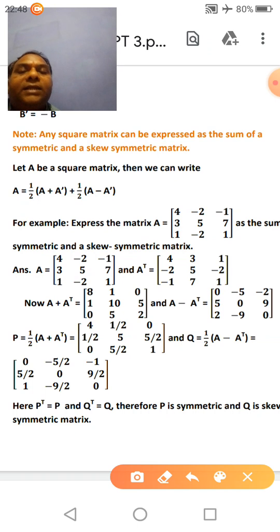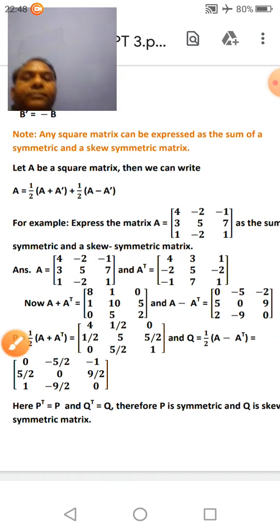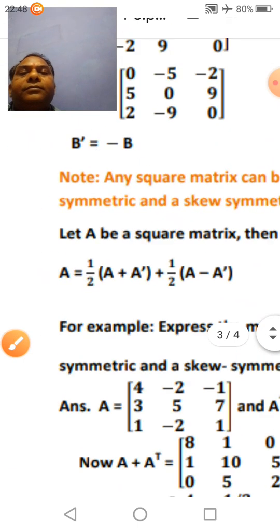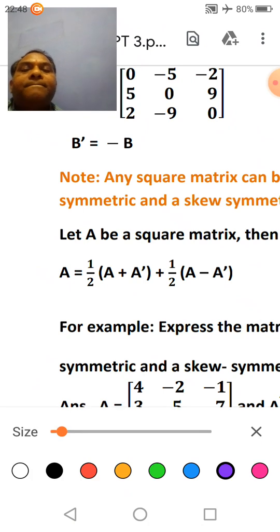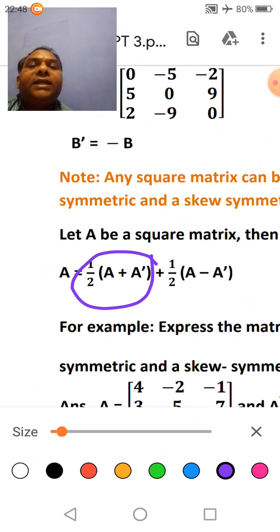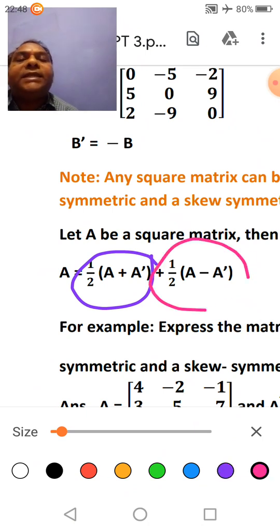See it again. Half of A plus A dash is always a symmetric matrix and half of A minus A dash is always a skew symmetric matrix. You have to remember. Clear?